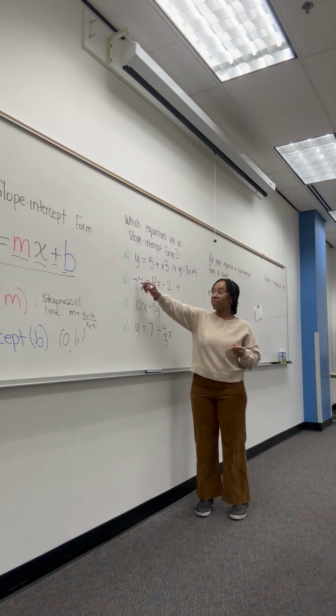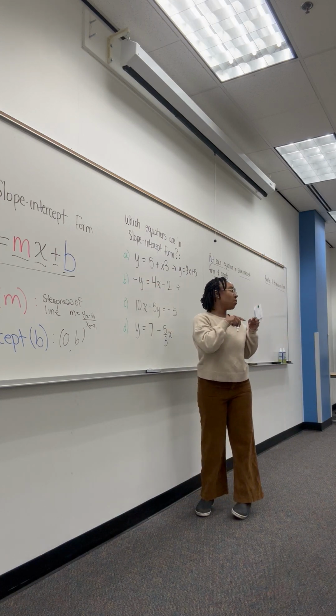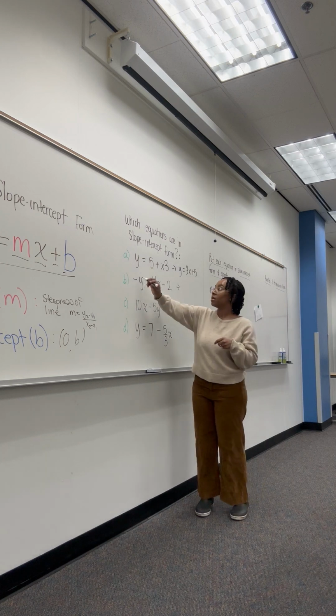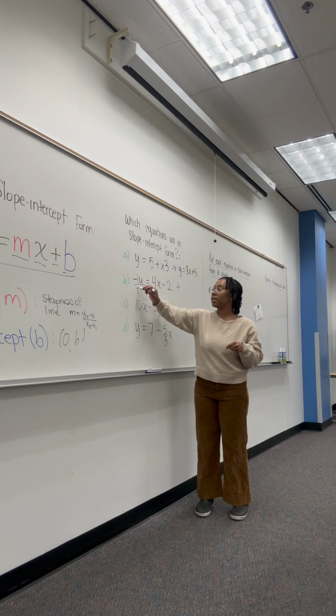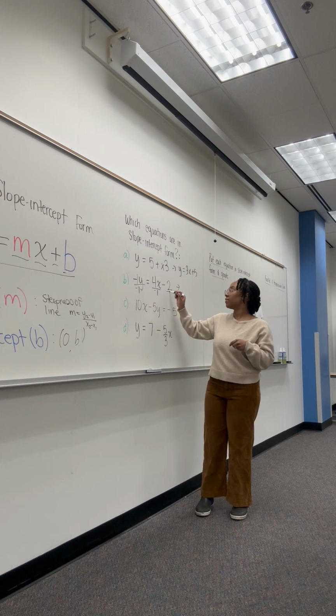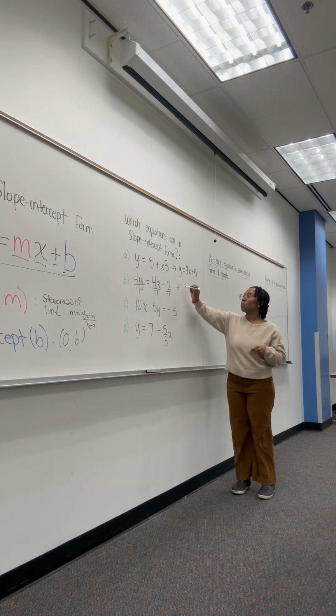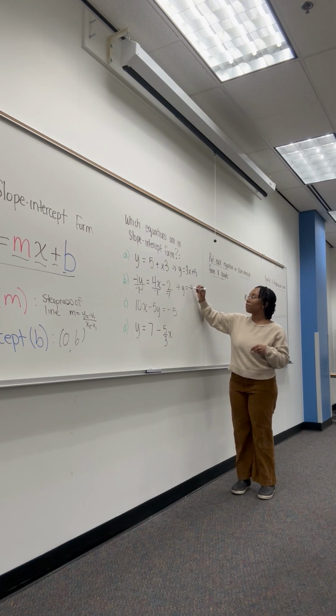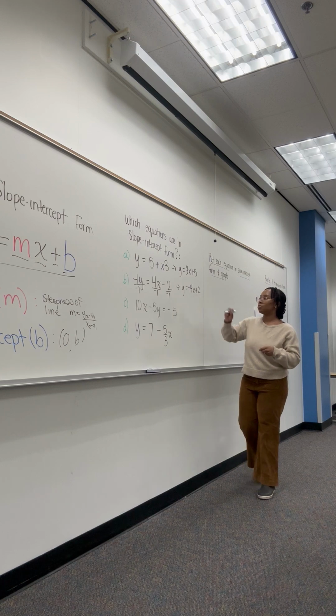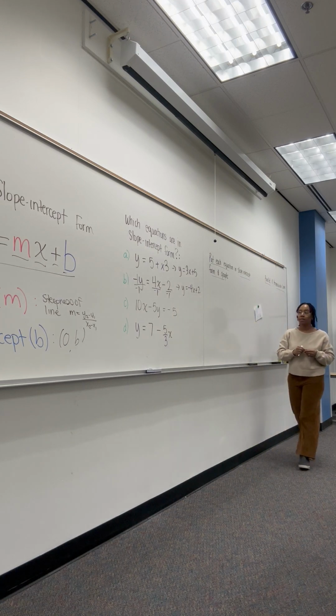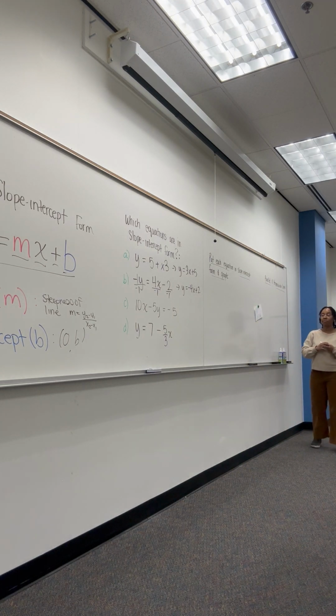Whenever we have a negative in front of our y, there's an imaginary 1 behind it, right? So that's why we're going to divide by -1 to get rid of that symbol. Okay, so it'll be y equals negative 4x plus 2. Now it's in slope-intercept form.